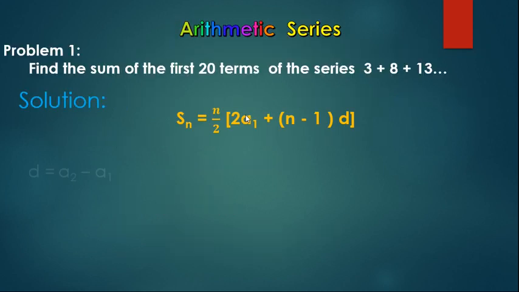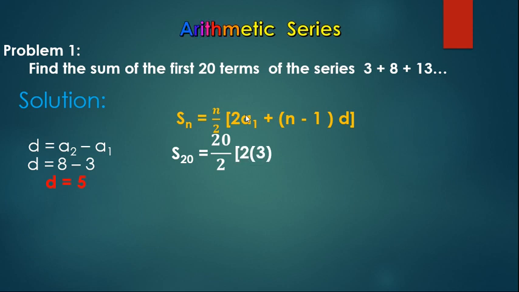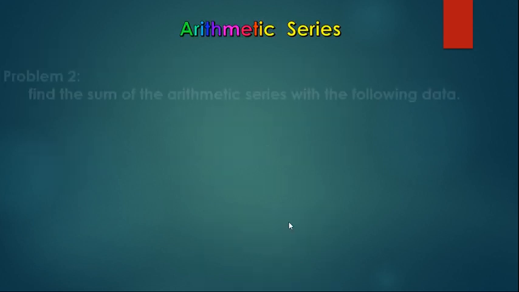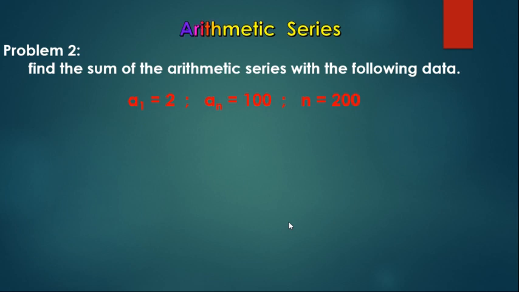So, ayan. Balik na tayo dun sa problem number 2 or example number 2. Okay, so medyo mahaba siya. So we have here our given a sub 1 which is equal to 2, a sub n is equal to 100, and n is equal to 200.